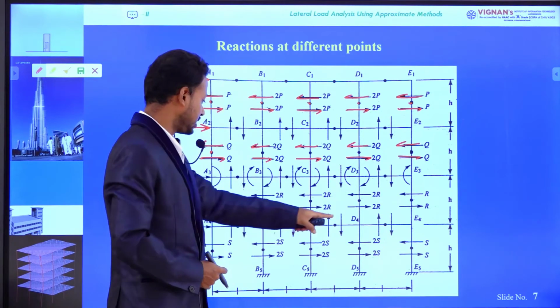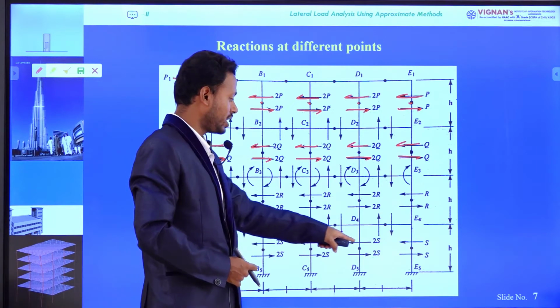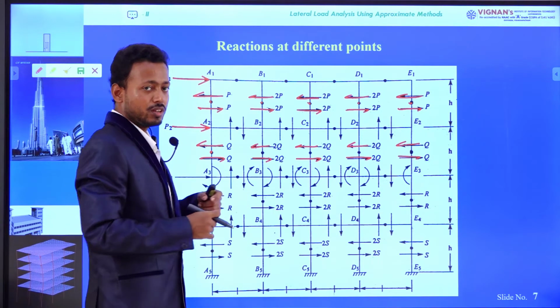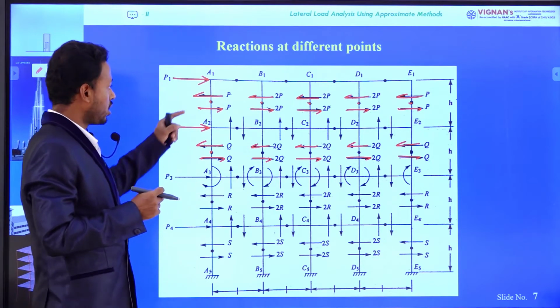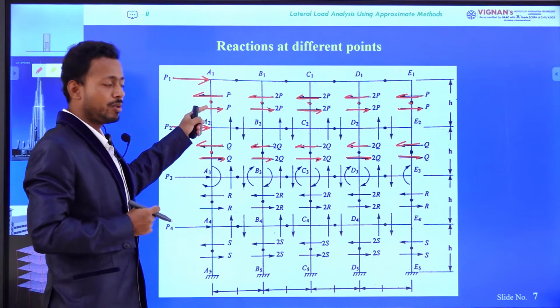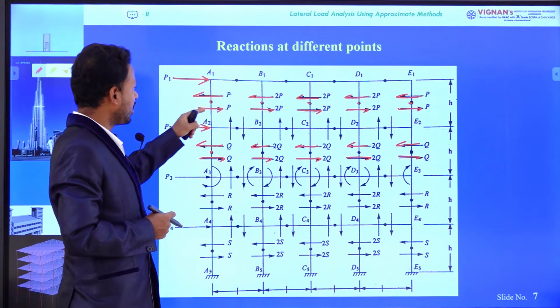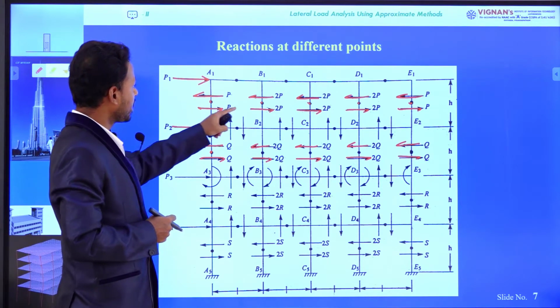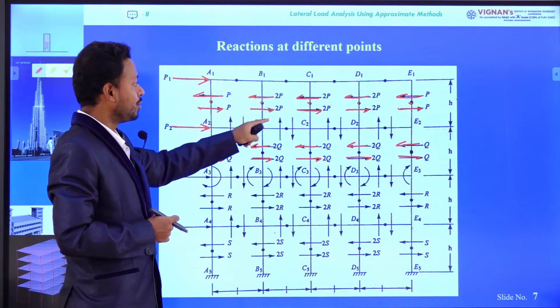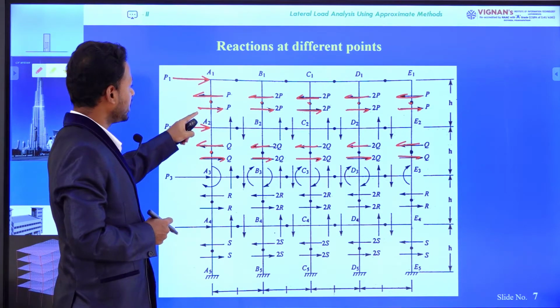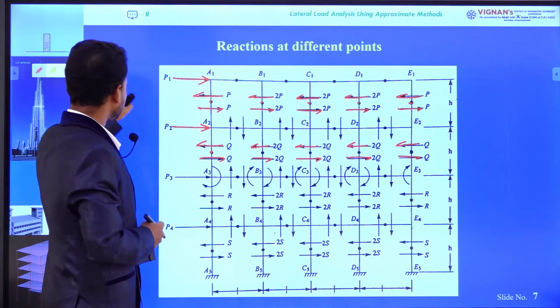This is S and this is S, and the intermediate column is experiencing twice S. So we have understood the point of contraflexure will occur at the midpoint of the member for beam and column, and the shear taken by the intermediate member will be twice the shear taken by the exterior member, right?